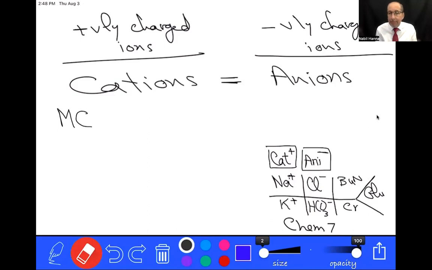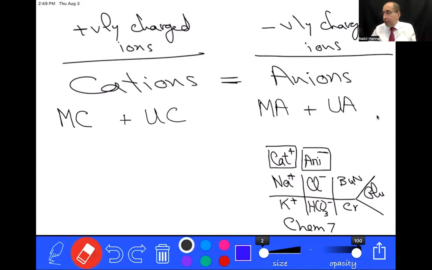Some plasma proteins are positively charged. So the cations will include the measured cations and the unmeasured cations. And by the same token, the anions include the measured anions, which are measured in Chem7, chloride and bicarbonate, and also we have a lot of unmeasured anions.